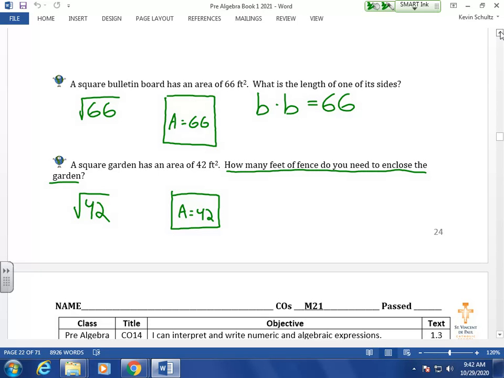What is that referring to? Sarah? Perimeter, right? So once you estimate the root of 42 to get what a side length of the square is, now you've got to use that to find the perimeter of the square. So the last one is one little extra step.